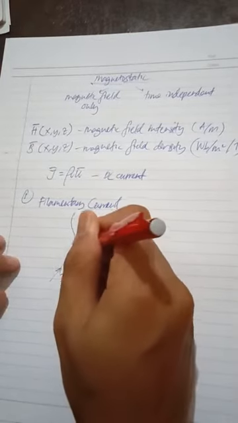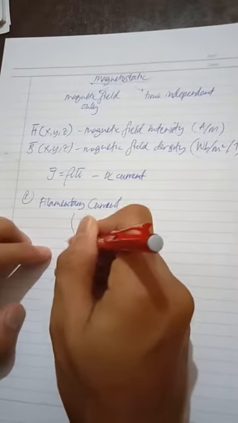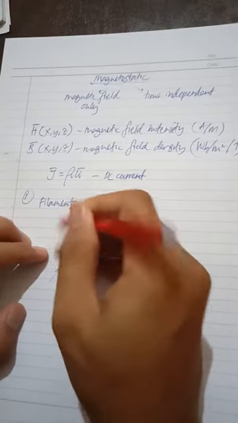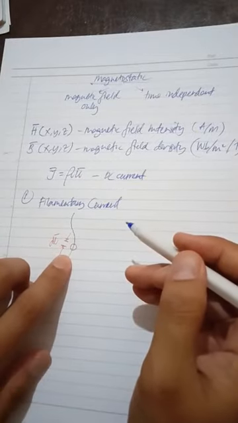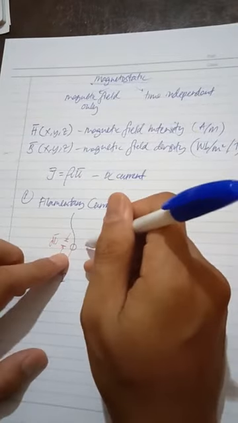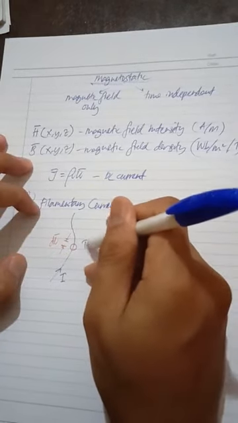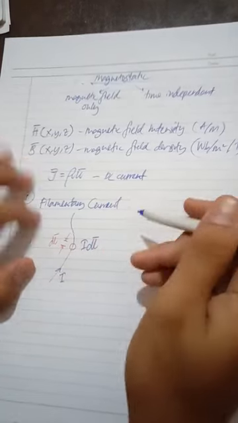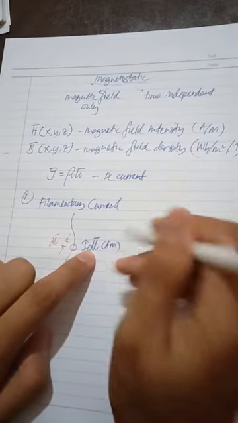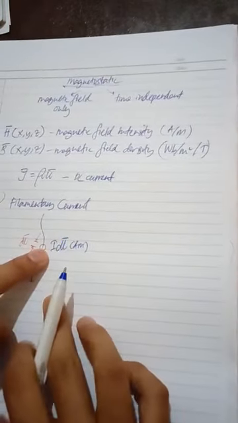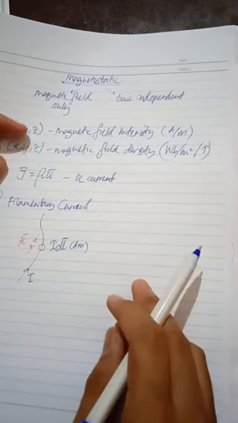This sample, or current element, has a change of length, let's say dl. We name it the filamentary current element, with the formula I dl, and the unit is ampere times meter, so ampere meter.